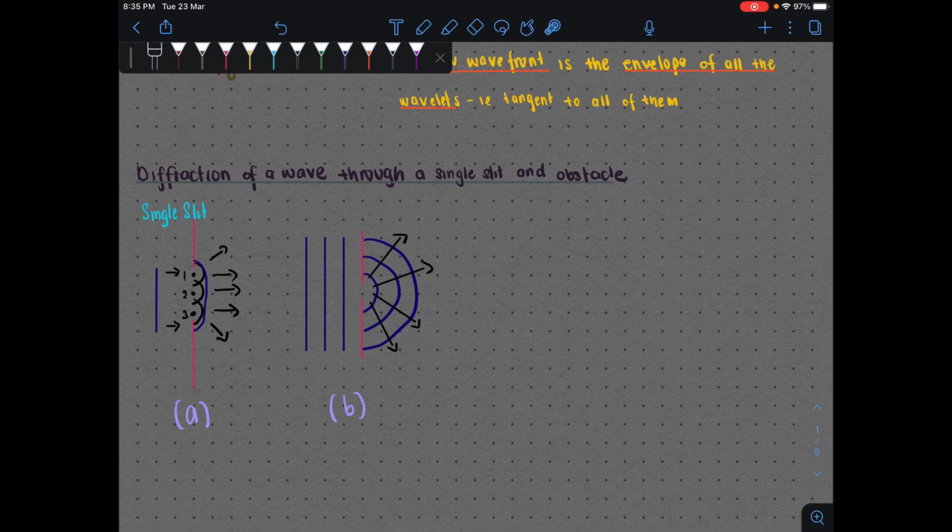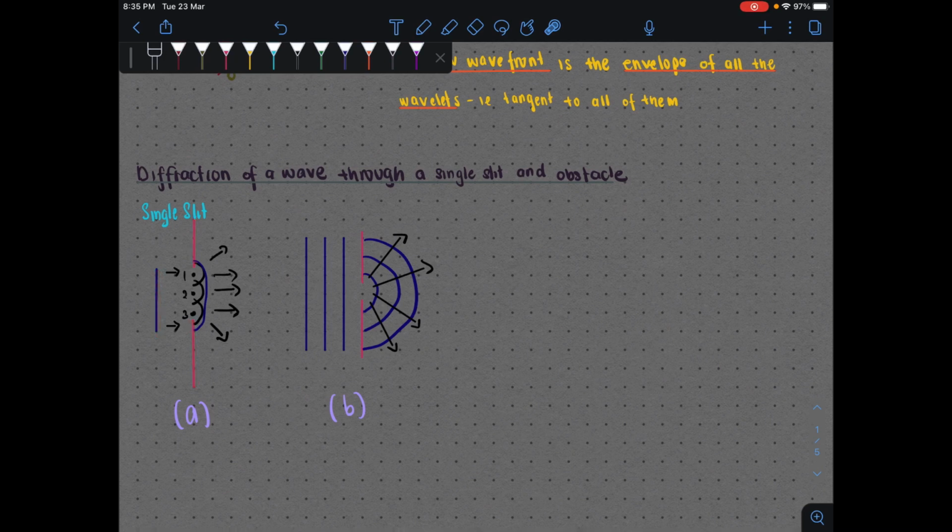And then next we want to look at diffraction of wave through a single slit and obstacle, and we're going to explain this using Huygens Principle too. So what is going to happen here is when we have a plane wave coming and it meets a slit here.